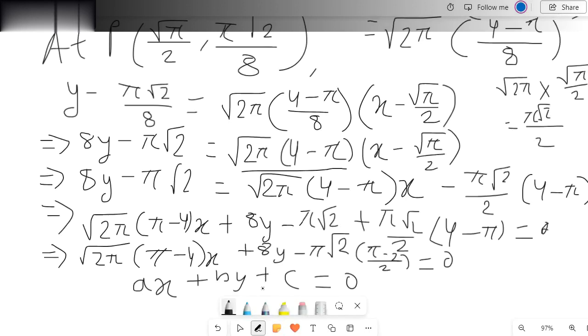And this is our final answer in the form of ax plus by plus c is equal to 0.